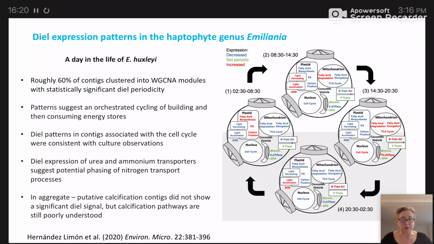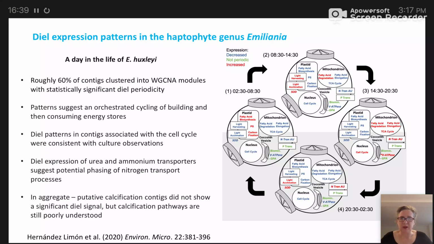Now, we were able to pick out and understand what E. hux was doing. One question is, are all phytoplankton doing the same thing in this environment, or are E. hux or the haptophyte lineage doing something unique from other lineages?